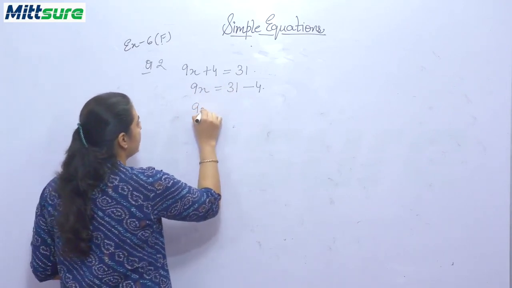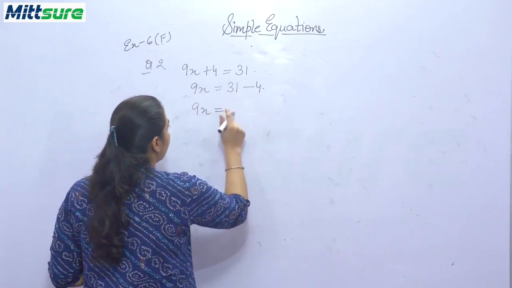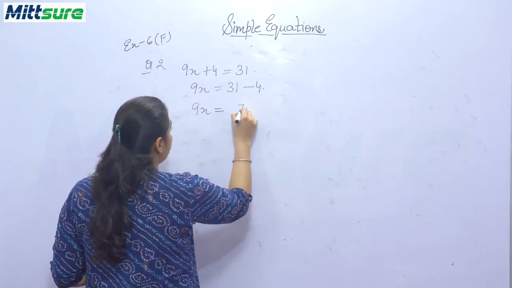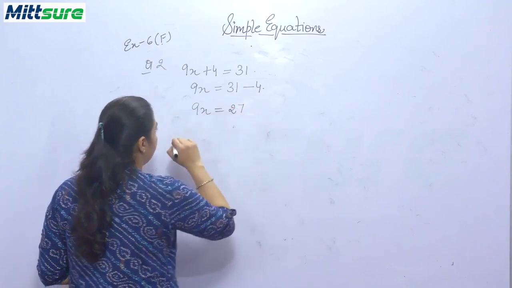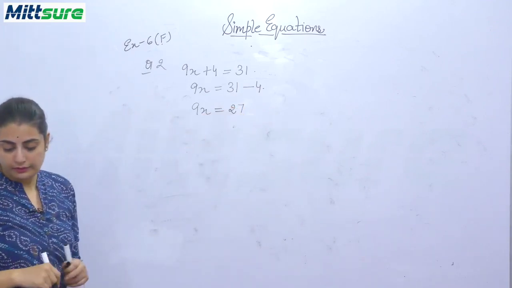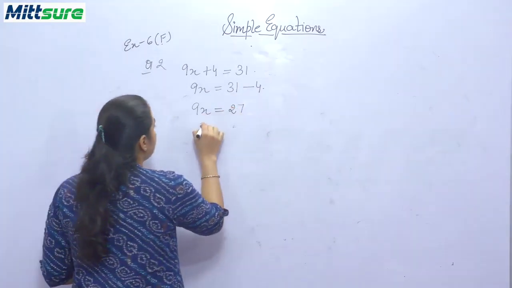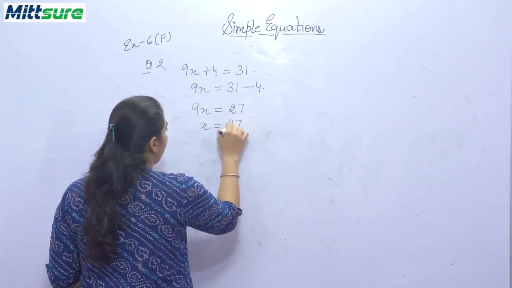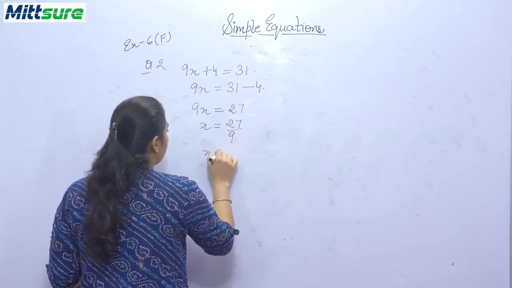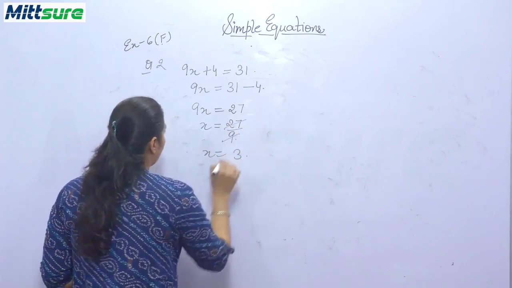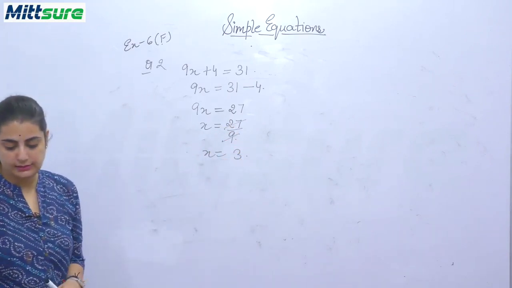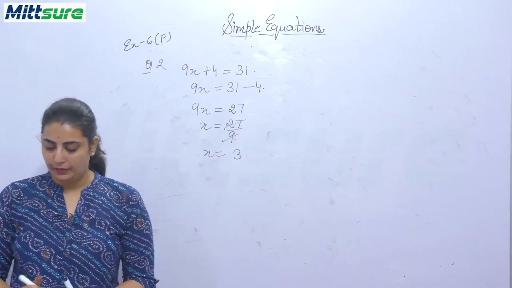Now 9x equals 31 minus 4, which is 27, right? Now we will find the value, that is x is equal to 27 upon 9, and the value of x is 3. So which option is it? It is option B, right?